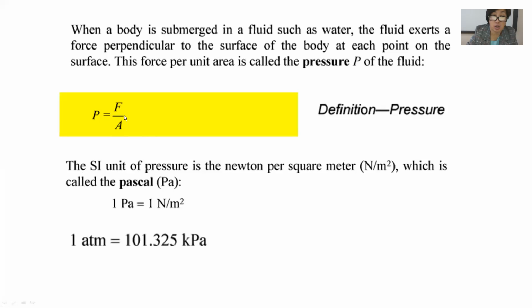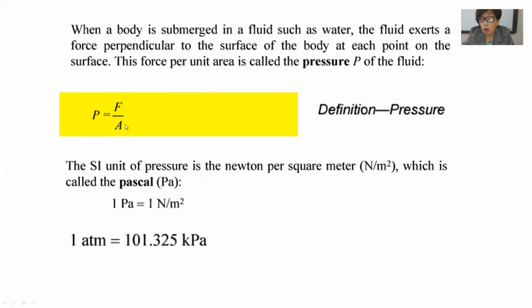This is the definition of pressure. The SI unit of pressure is Newton per square meter, which is called the Pascal. 1 Pascal equals 1 Newton divided by a square meter.